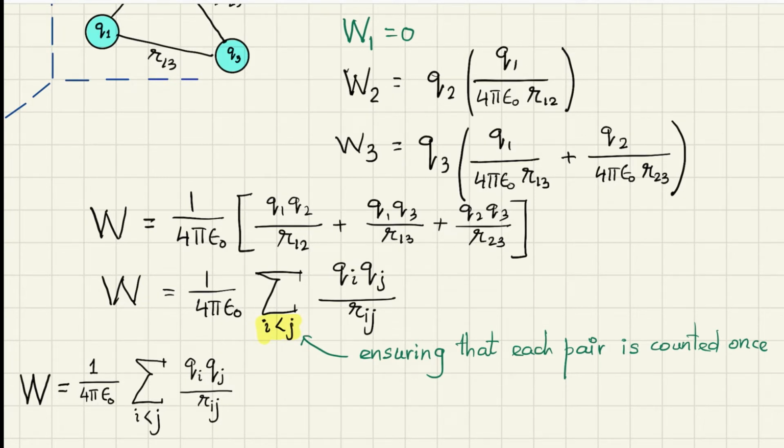What I can do is let double counting be there, but since I exactly know that I'm double counting, I can put in a correction factor of half.